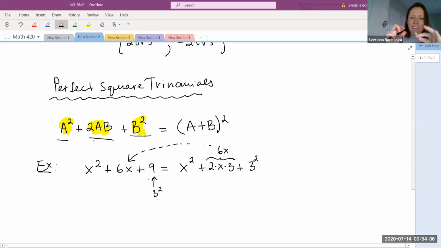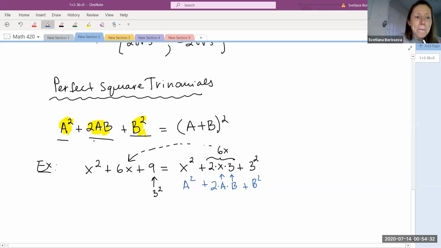So see how I decomposed a couple of things, I wrote them differently, and now hopefully you can see that it follows that pattern. So it's like A squared plus B squared plus, and in the middle it's 2 times A times B. This is A, this is B. So hopefully you can see that analogy.